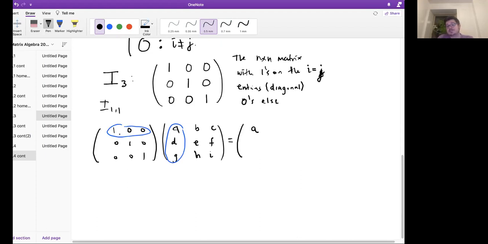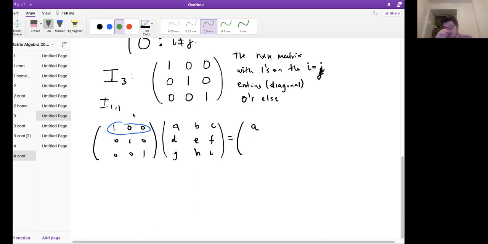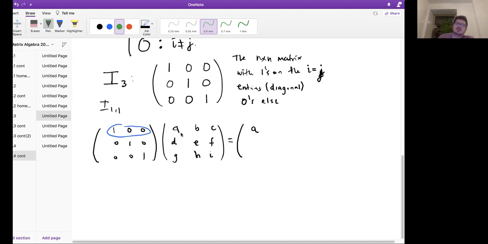So let's just think about what that means. And this will be something that we'll do in 1.5. Regardless of what these entries are, do you agree that the first row of the left matrix determines the first row of the result?